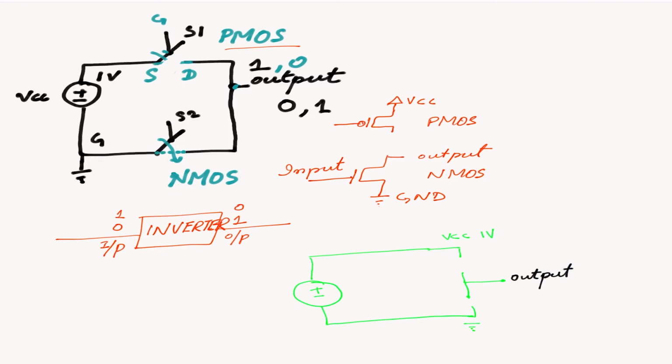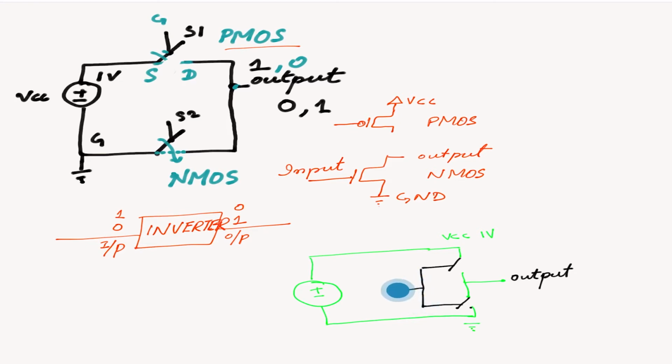Sorry, let's look at it. Let's say we have here a switch and another switch here, and we control this gate, a switch. I haven't started using a transistor yet.